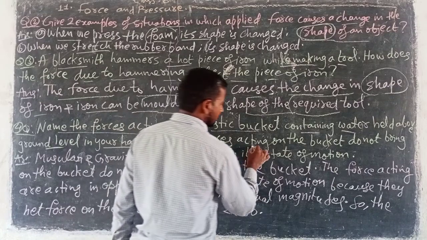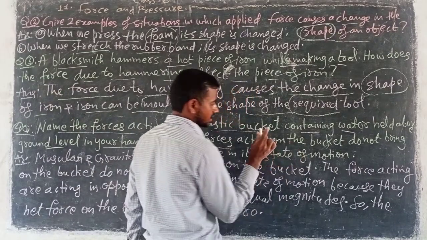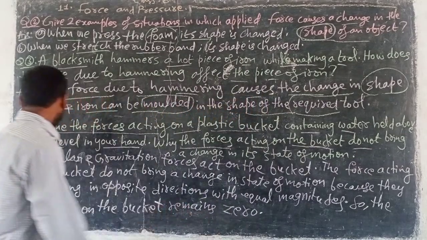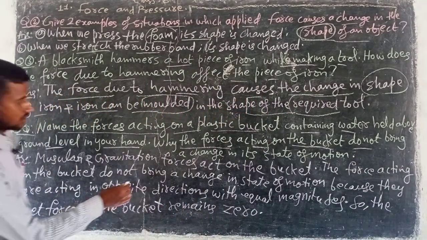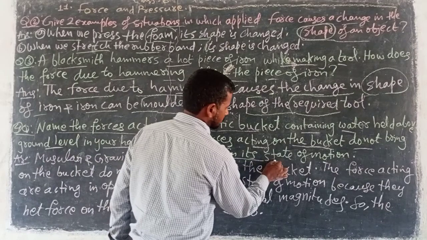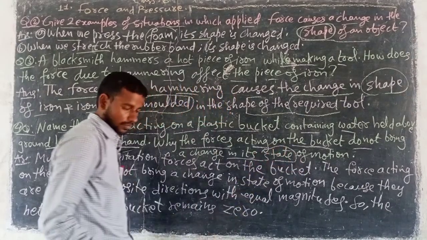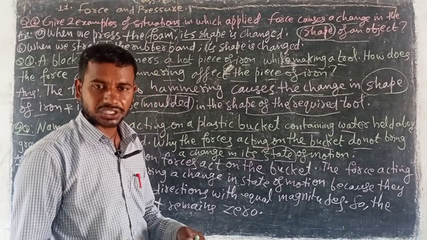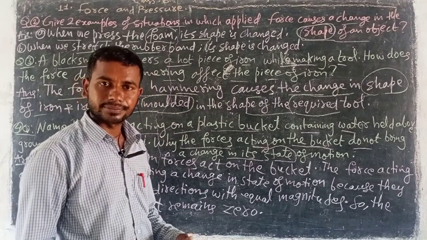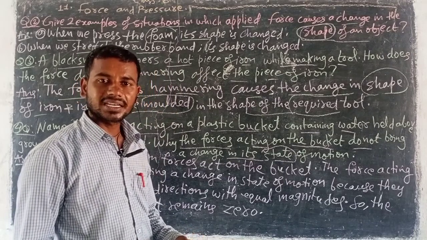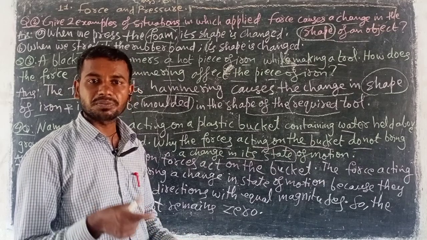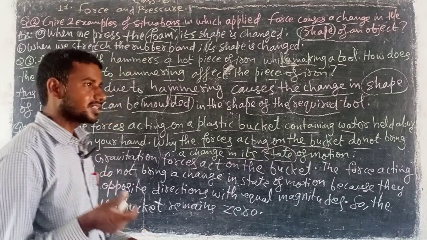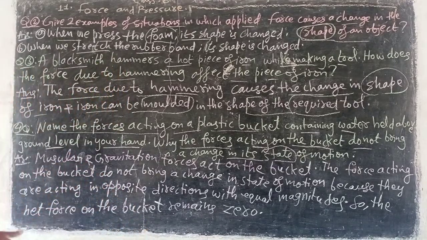Why do the forces acting on the bucket not bring a change in its shape? When you are lifting a bucket of water, the bucket's shape will not change. Why? Which forces act on the bucket to keep it in the same shape?